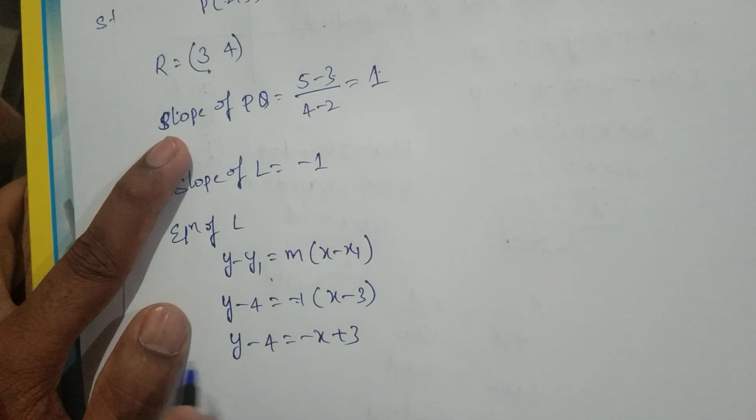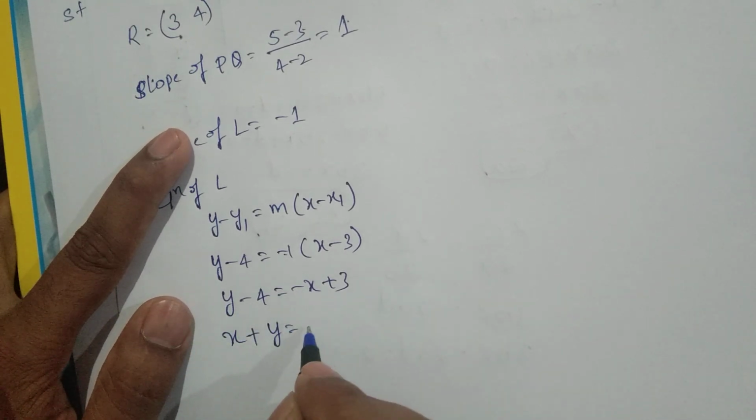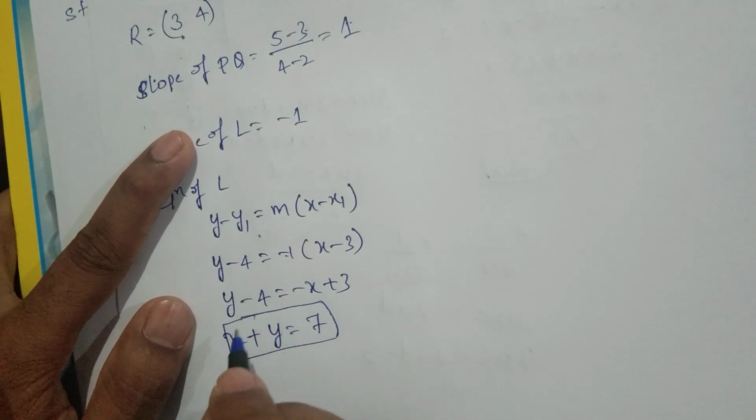I will take minus x to this side as x, this plus y, and minus 4 to that side: minus 4 plus 3, that is 7. This is the equation of the line.